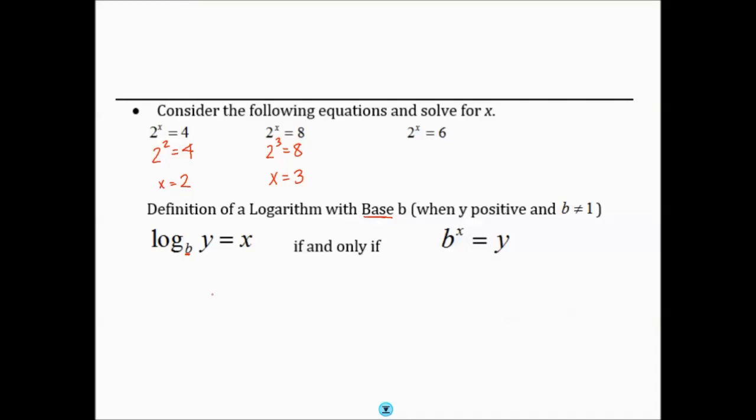If we have log base b of y equals x, that is the same thing as b to the x power equals y. So a logarithm always equals the exponent.